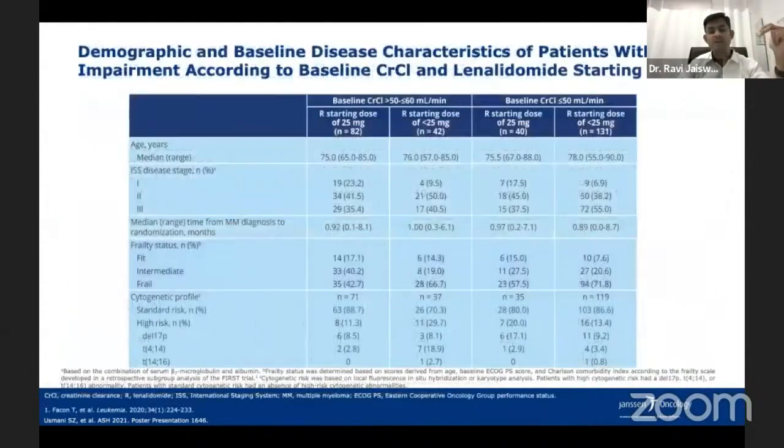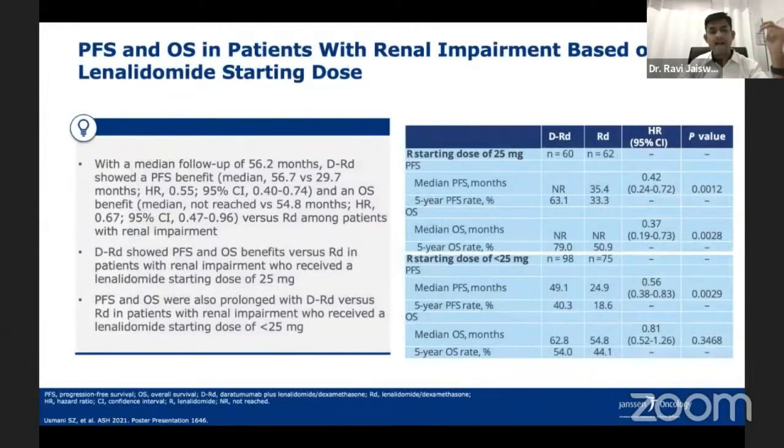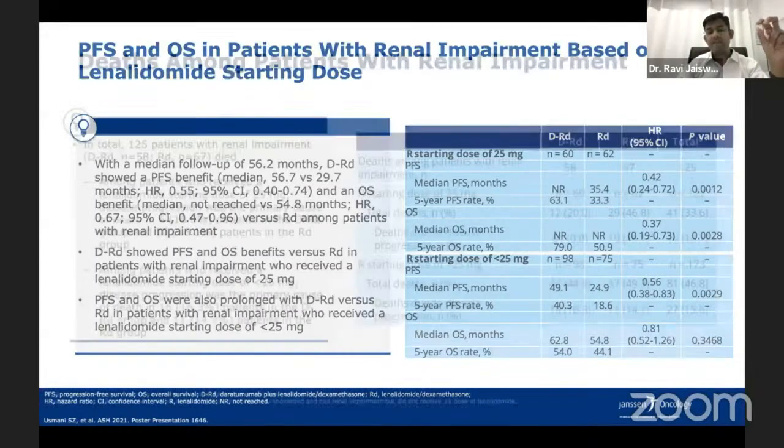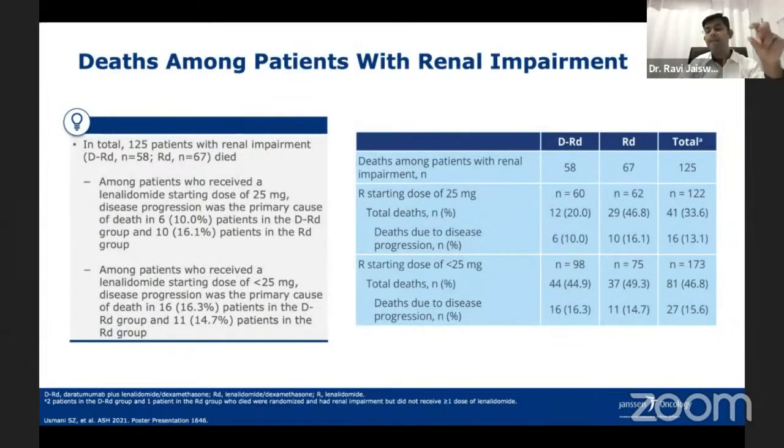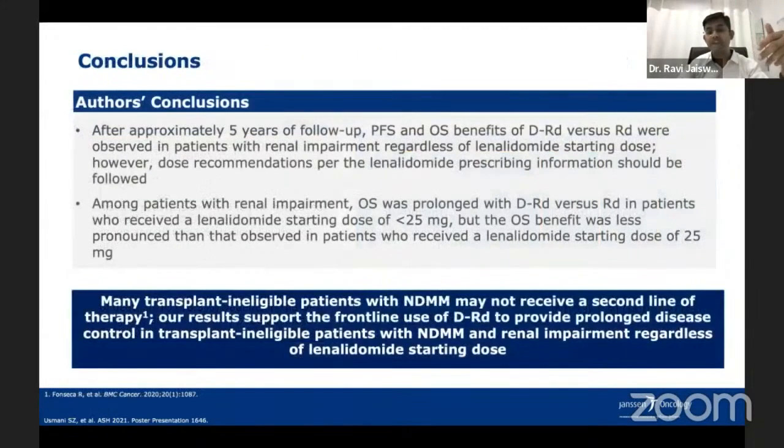And across this study, it was found that patients who received a combination of Dara-Len-Dex had better PFS and OS compared to patients who received only Len-Dex. And if there were patients who had an impaired renal function, there the study allowed a lesser dose of lenalidomide, that was approximately 10 to 15 milligram.